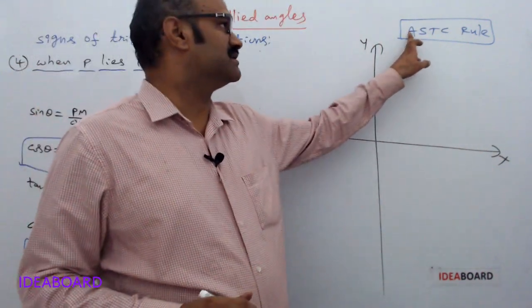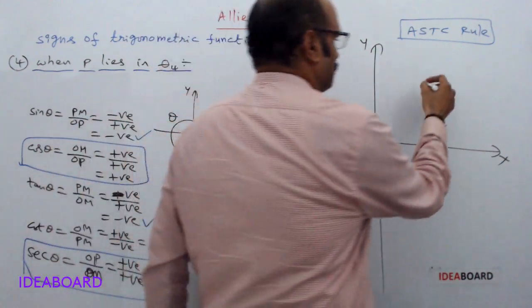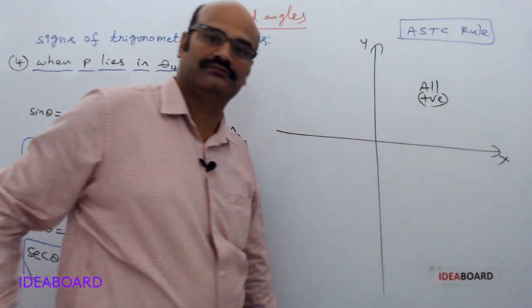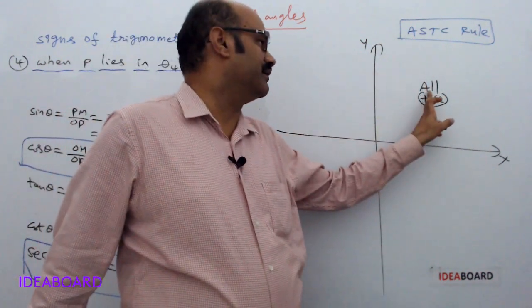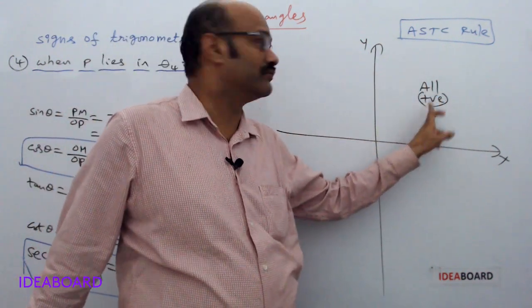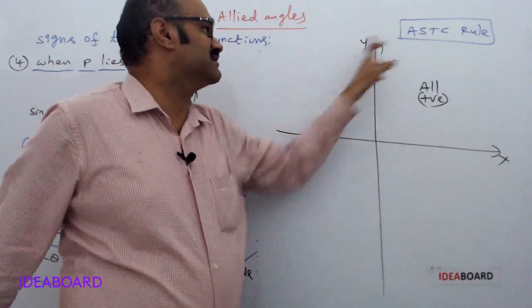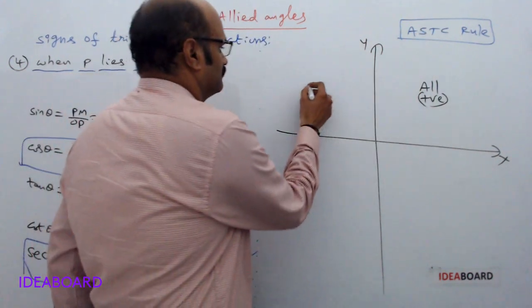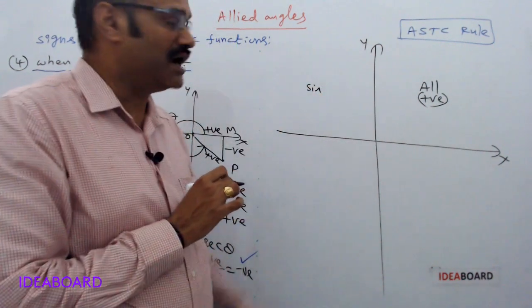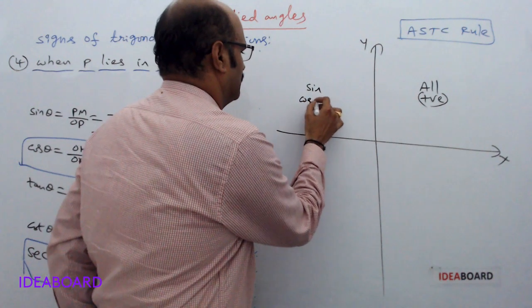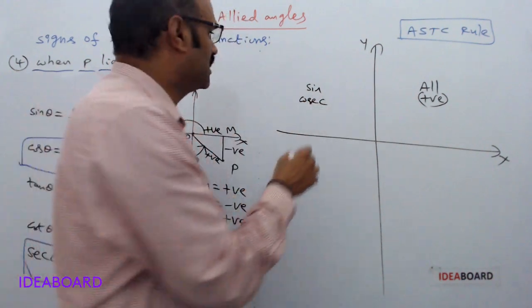Here A means all trigonometric ratios are positive. S means sine, and the reciprocal of sine is cosecant. Both are positive.